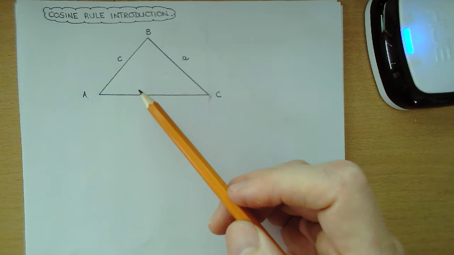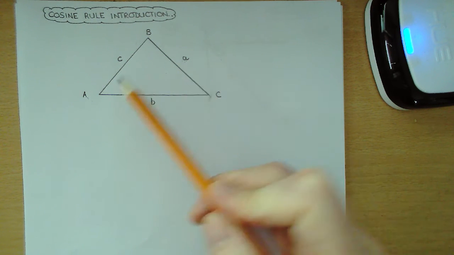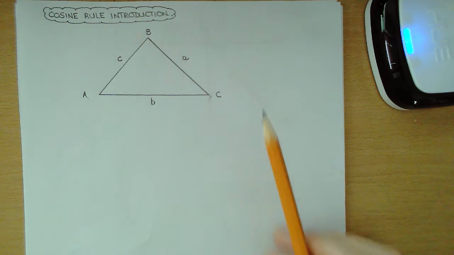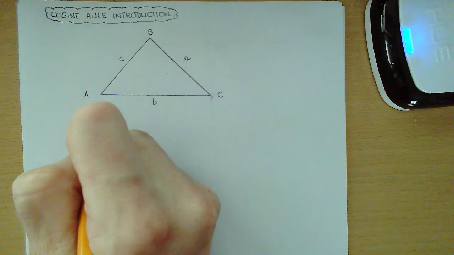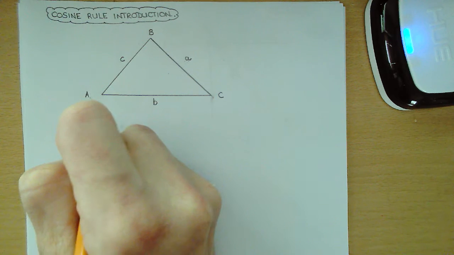So let's say we want to write out the cosine rule that connects small a to capital A. It looks like the following. It starts with the lowercase letter, so it starts with a and then it's being squared.